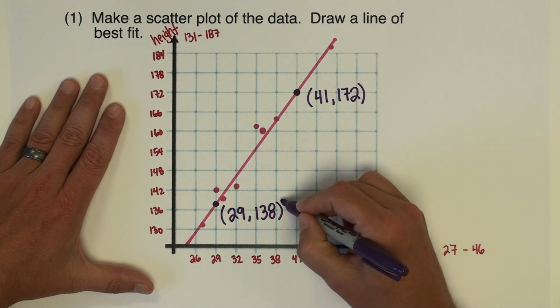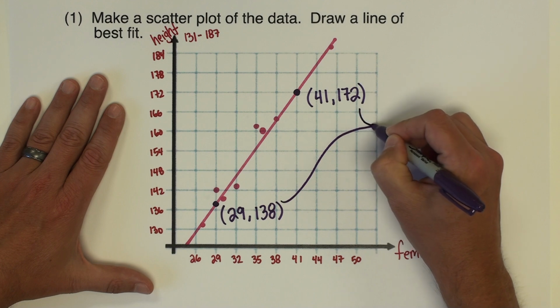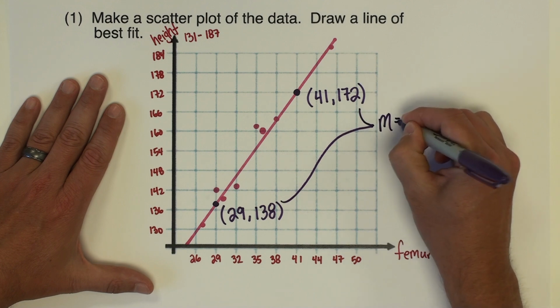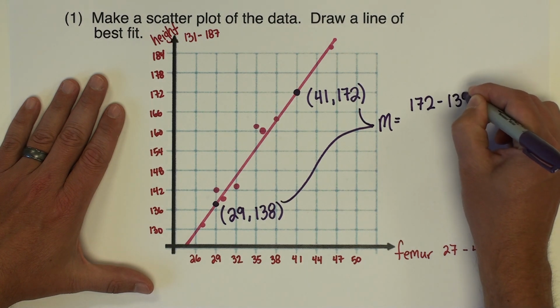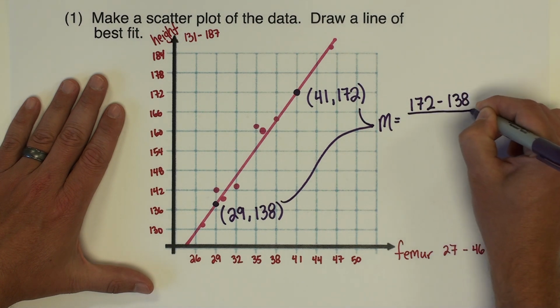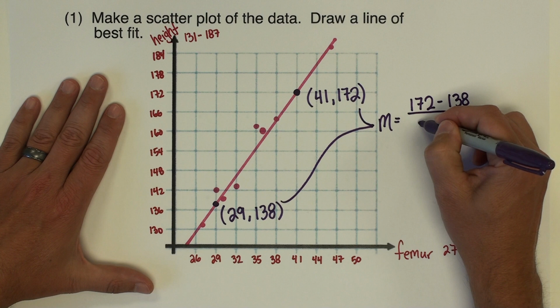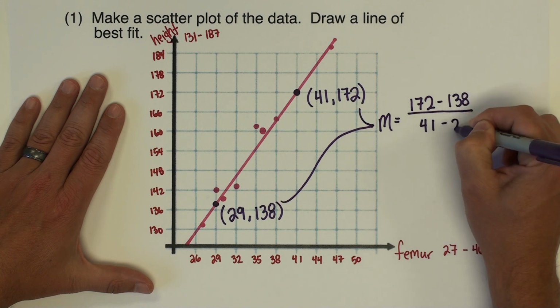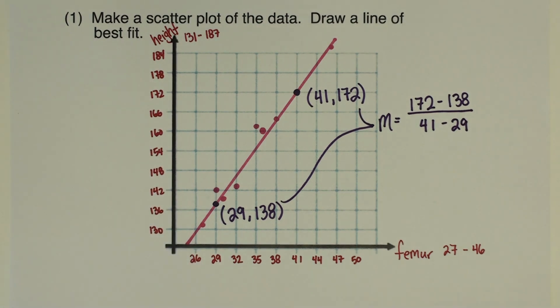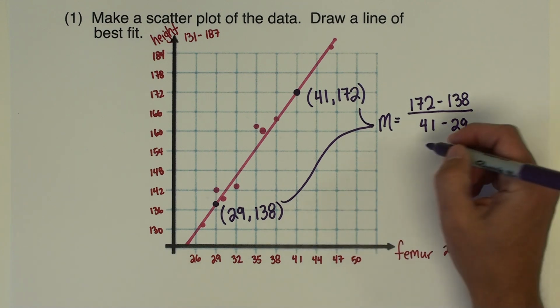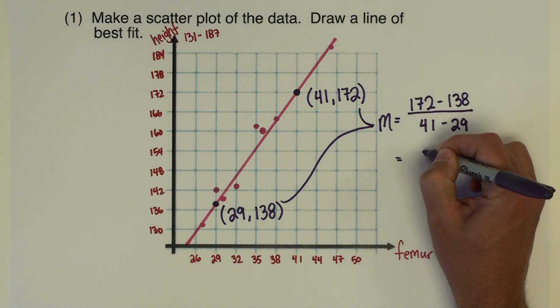So the slope between these 2 points is going to be y minus y divided by x minus x. I have no idea how this is going to work out. We might get some crazy decimals, but let's see. 172 minus 138 is 34.